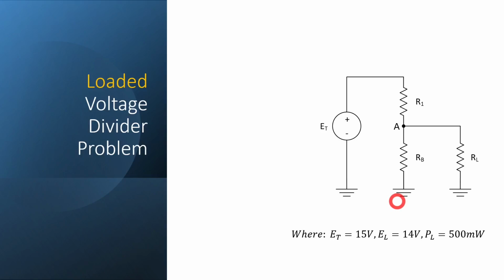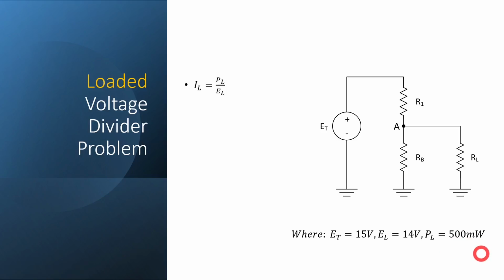Your load requires 14 volts. So we need to drop a volt before we can actually send it out to our load. Okay, and our load is going to be quite often denoted in how much power it draws. So our given here for our load, P sub L, is going to equal 500 milliwatts.